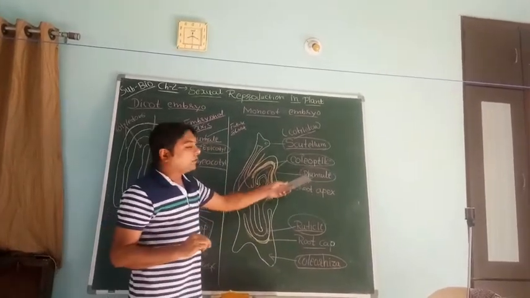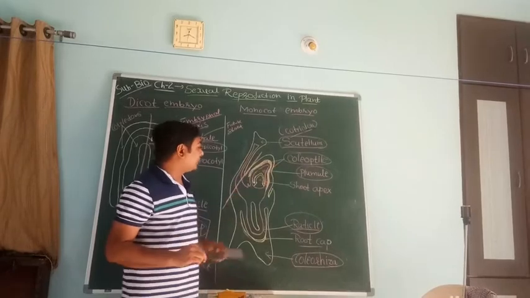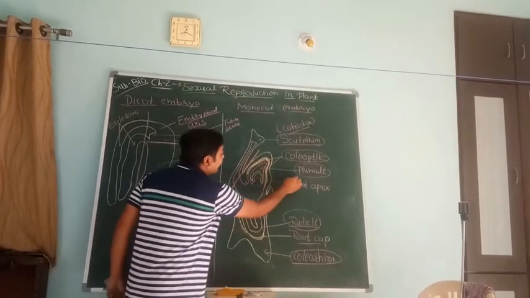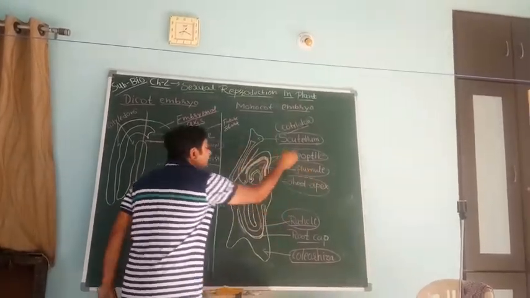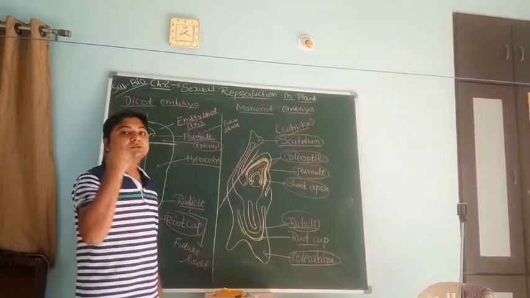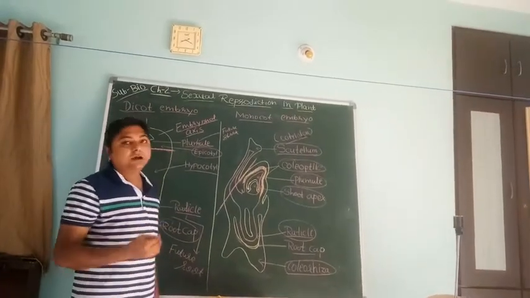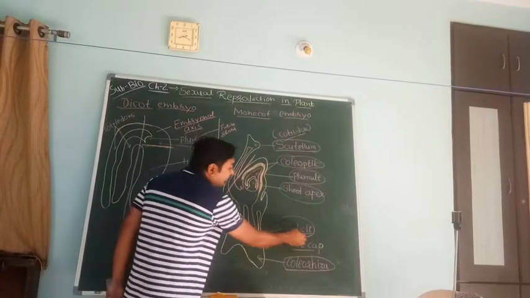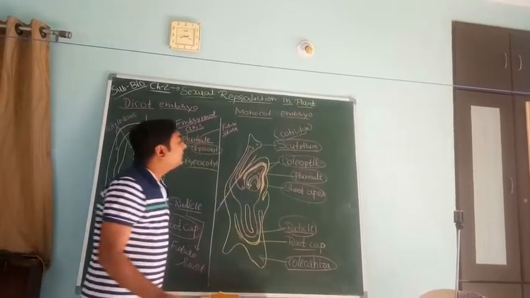The plumule has a shoot apex. The plumule and shoot apex further develop into the shoot part and the leaves of the plant, and the radicle further develops into the root part of the plant.